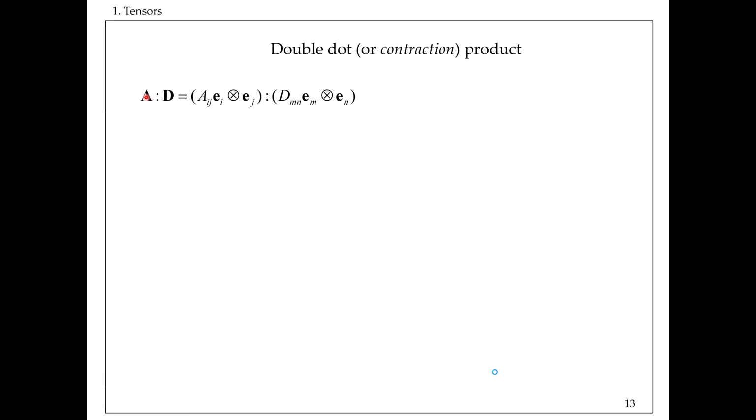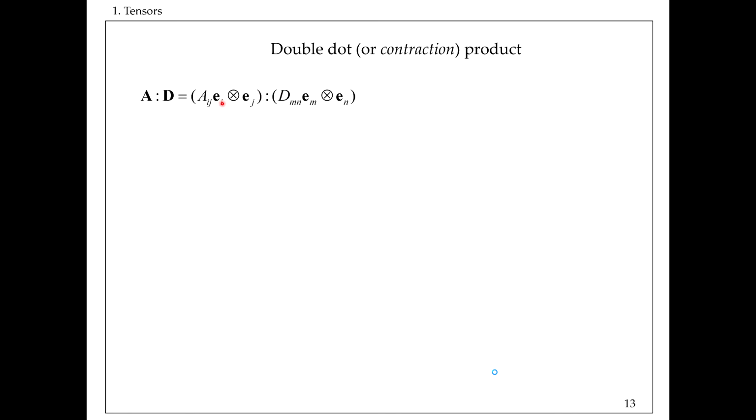What does it mean? It means that we say, now there is a dot product between this component e_i and e_m. So these two are paired. So there is a dot product between i and m, and there is also a dot product between j and n. And again, this is just now our agreement. So we say, okay, this operation will be useful for us, so let's define it in this way.